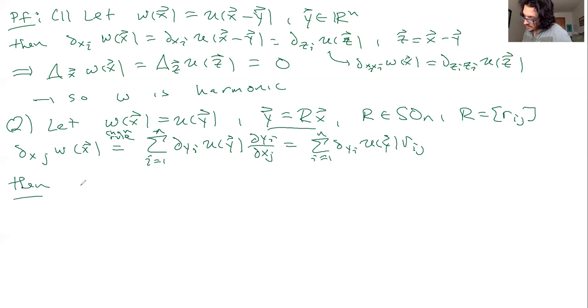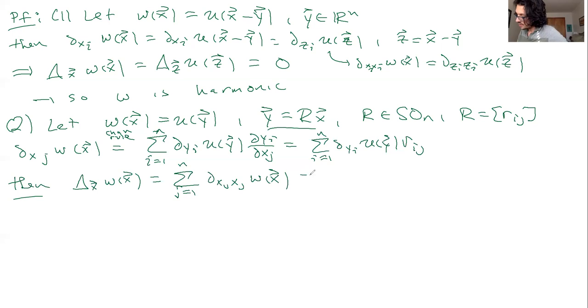Well, using this fact, right, I can take the x Laplacian of W of x. This is equal to the sum j equals 1 up to n of the second derivative dxj xj of W of x. This is equal to the sum from j equals 1 up to n of dxj of the thing that I already have, the sum over i equals 1 up to n of dyi u of y Rij.